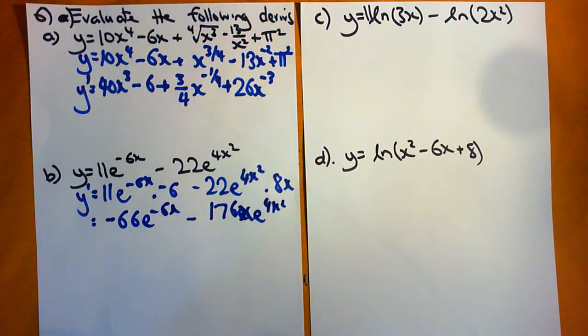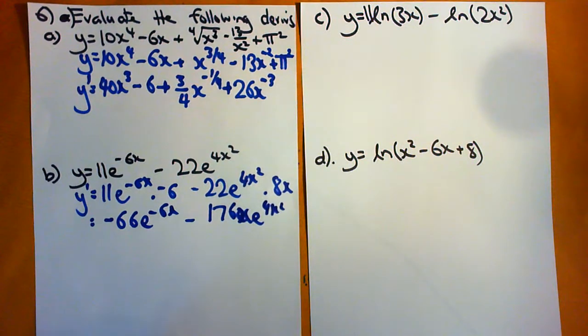Okay, so that's the derivative of 11e to the minus 6x minus 22e to the 4x squared: minus 66e to the minus 6x minus 176xe to the 4x squared.